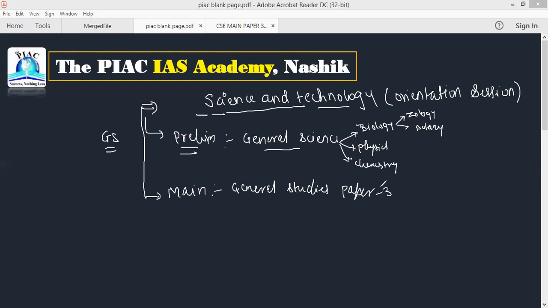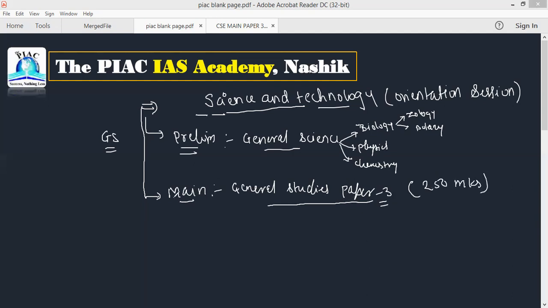Here, along with the economic part, Indian economy, science and technology and its topics have been added in this General Studies mains paper. So first of all, you should know where science and technology is included: in General Studies Paper 3. As I told you, this paper contributes around 250 marks.